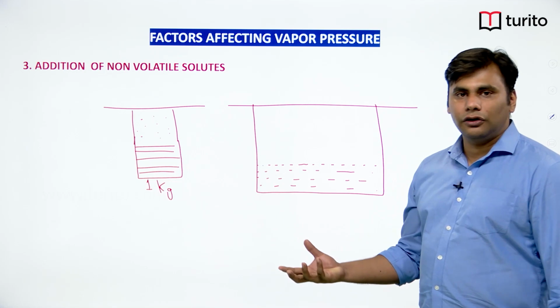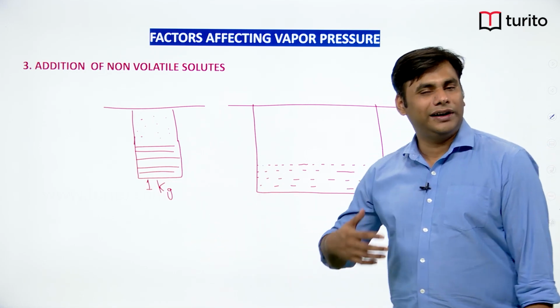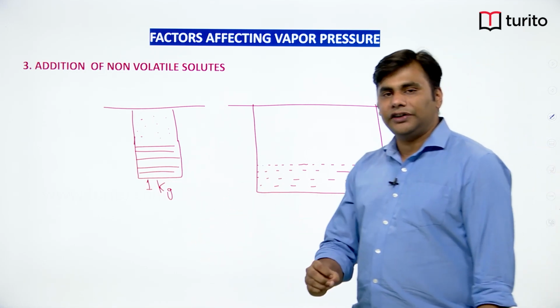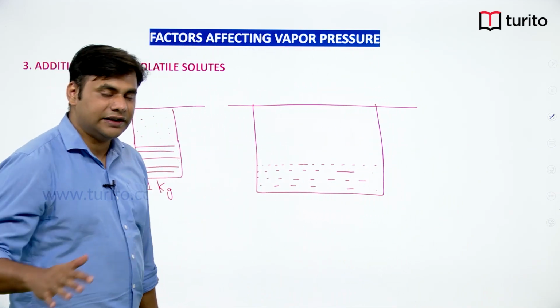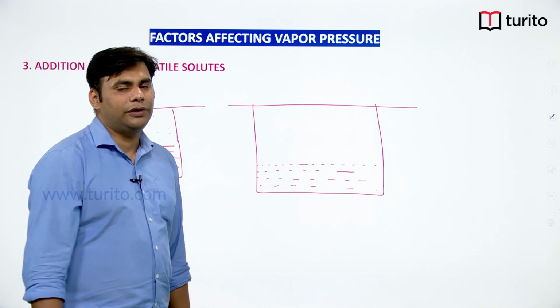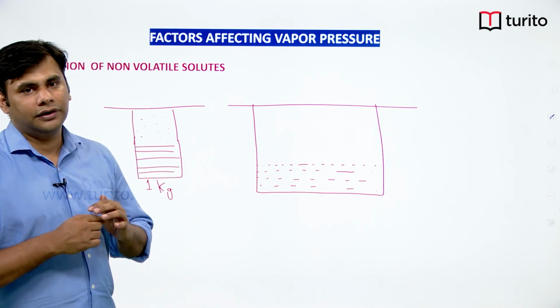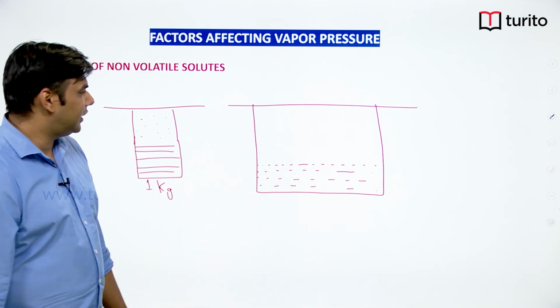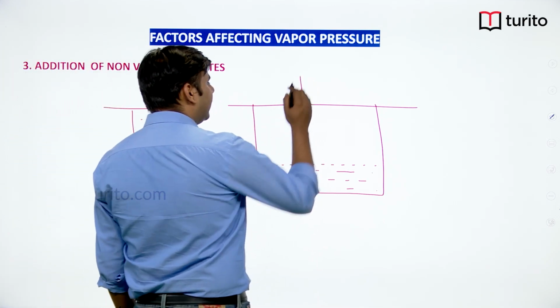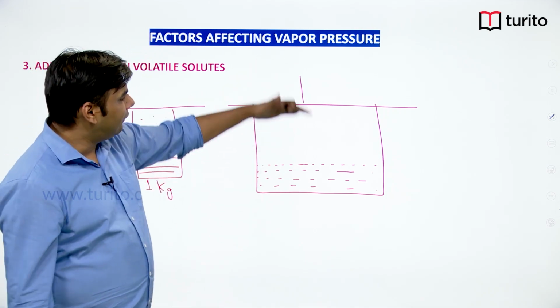So if I take 1 kg of water, or 2 kg of water, or 5 kg of water, vapor pressure at a given temperature will always be the same. Even though you increase the surface area, the vapor pressure would still be the same at a particular temperature. Now if you are decreasing or increasing the pressure, suppose we have a container with a movable piston.